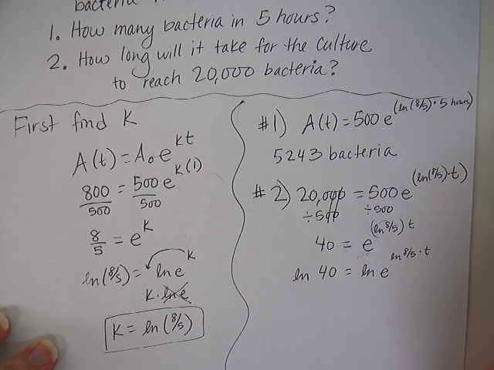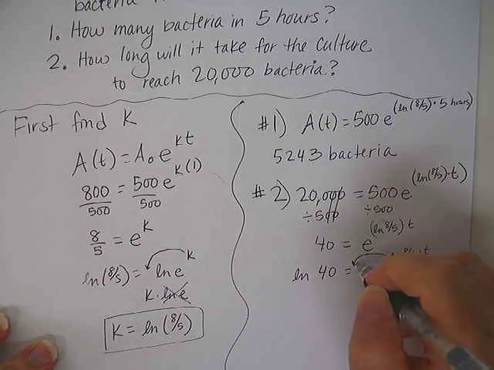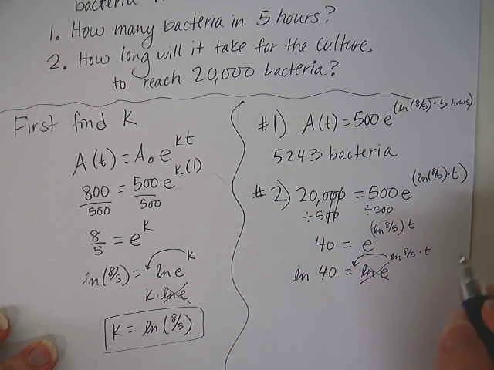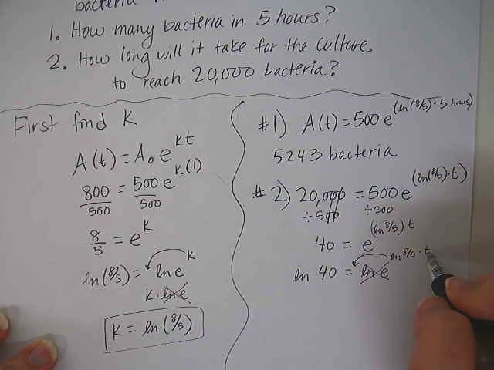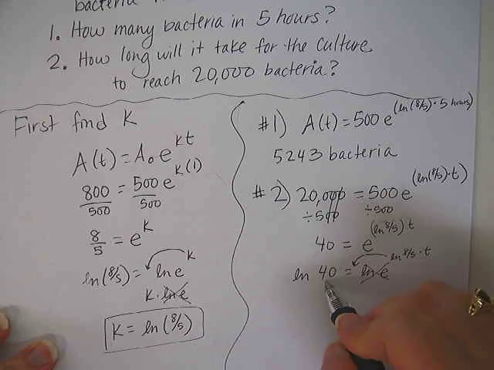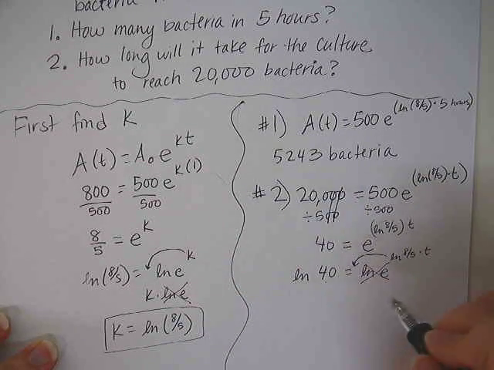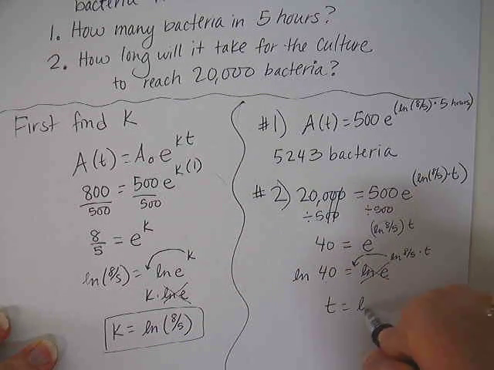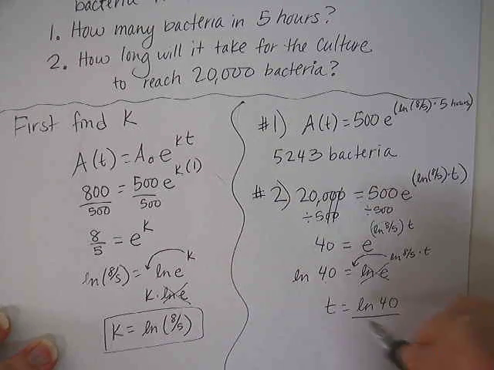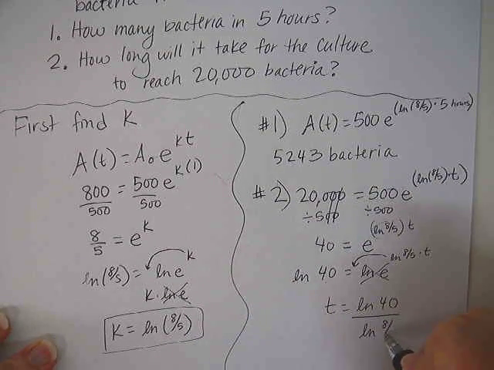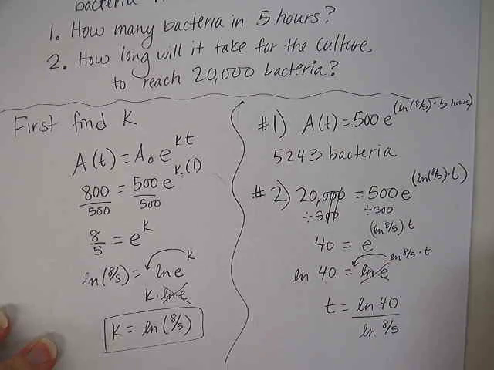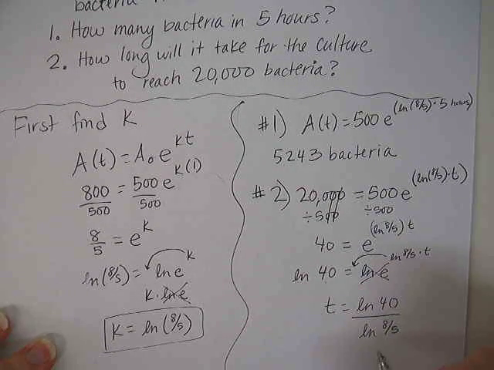So I'm going to do the natural log of both sides. Then this power moves to the front, this cancels out, so we end up with t times natural log 8/5 equals natural log 40. So t will therefore equal the natural log of 40 divided by the natural log of 8/5.